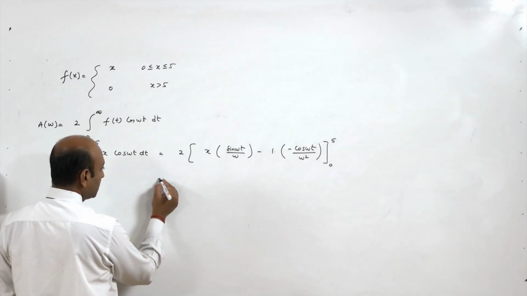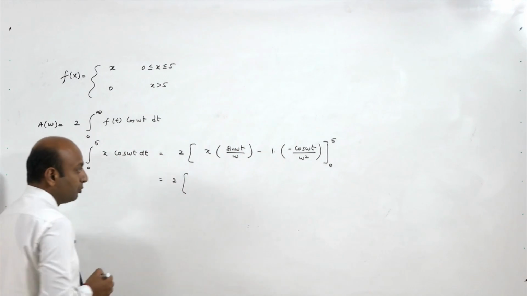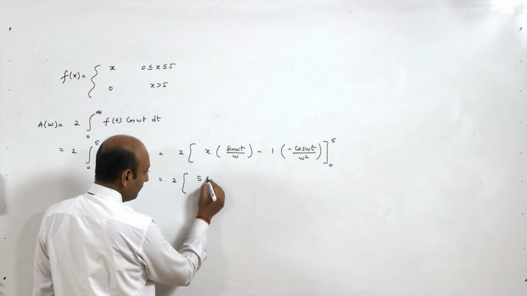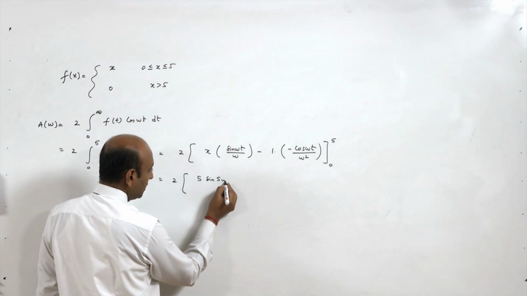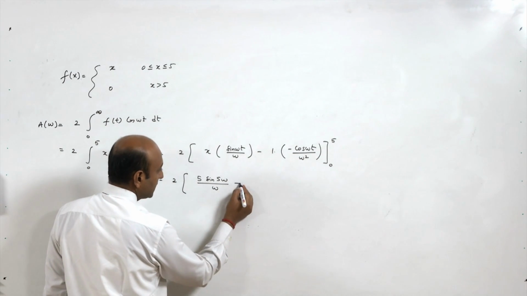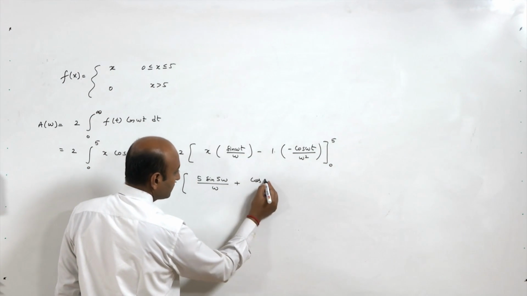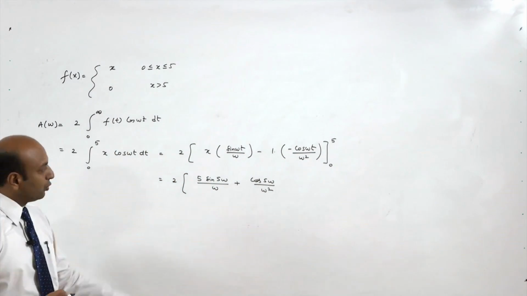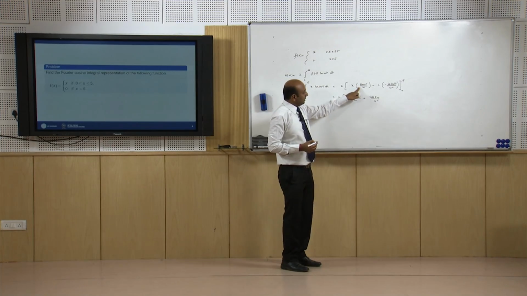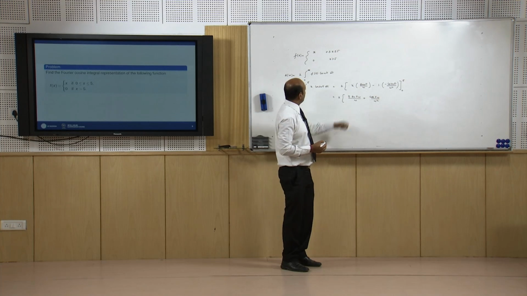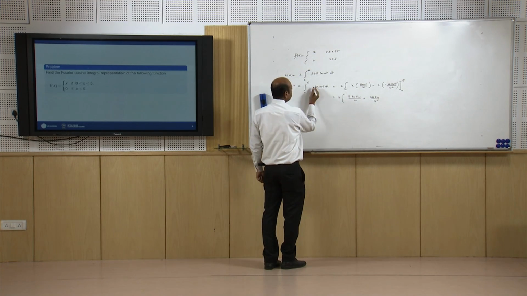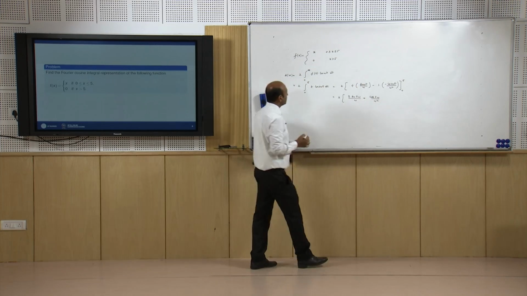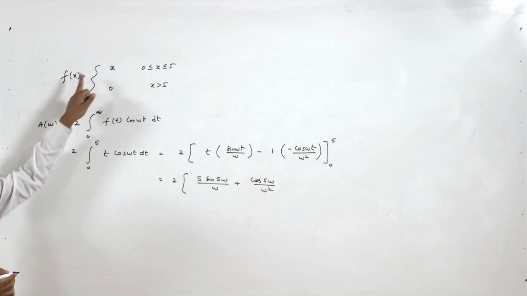So, this value is 2 times, when you put t equal to 5, 5 sine 5 omega upon omega plus cos 5 omega upon omega square, and when t equal to 0, it is 0 for the first term, because f(x) is x means f(t) is t.